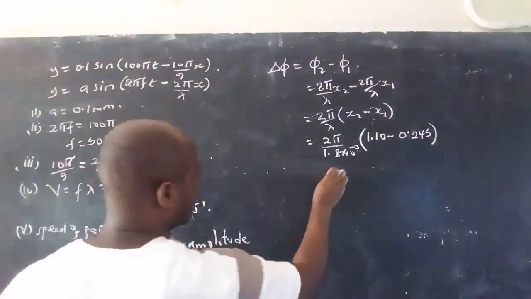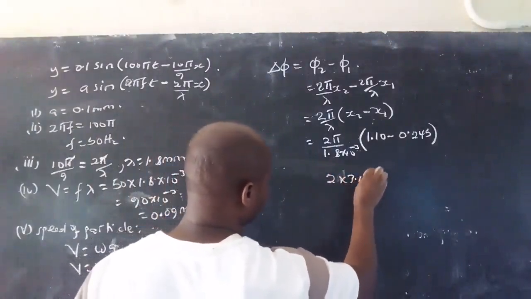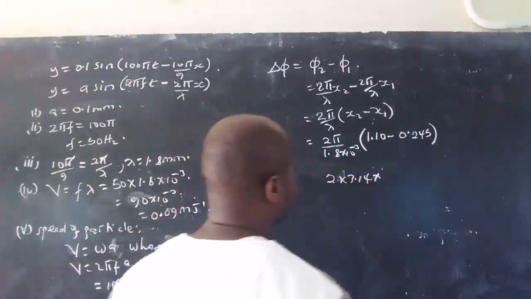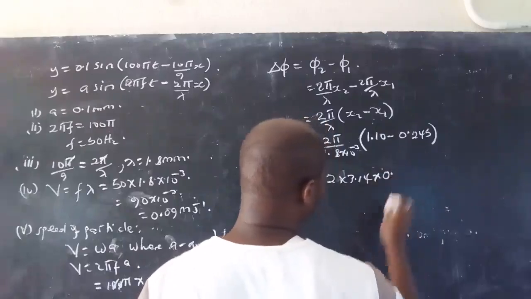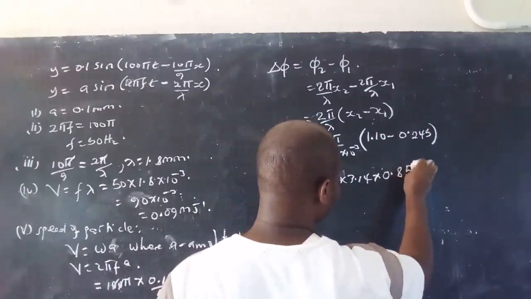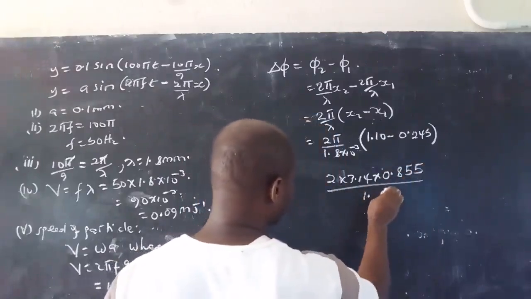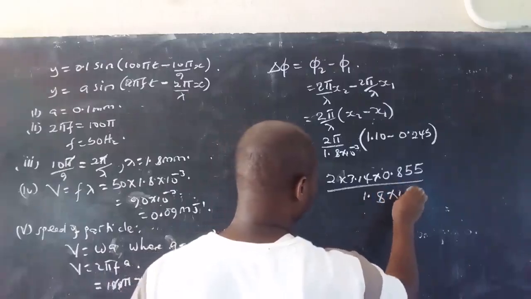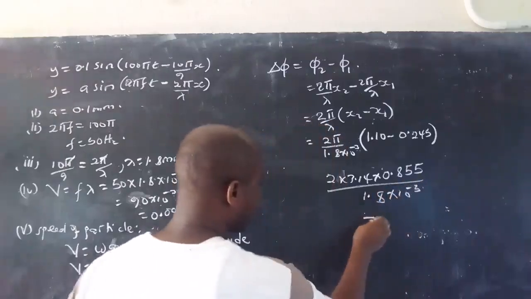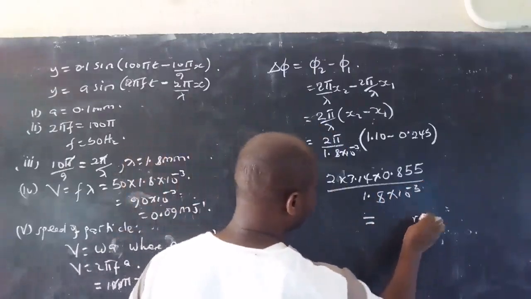So this is 2 pi, 2 times 3.14 times, when you subtract you get 0.855 divided by 1.8 times 3. So the answer we get will be in radians.